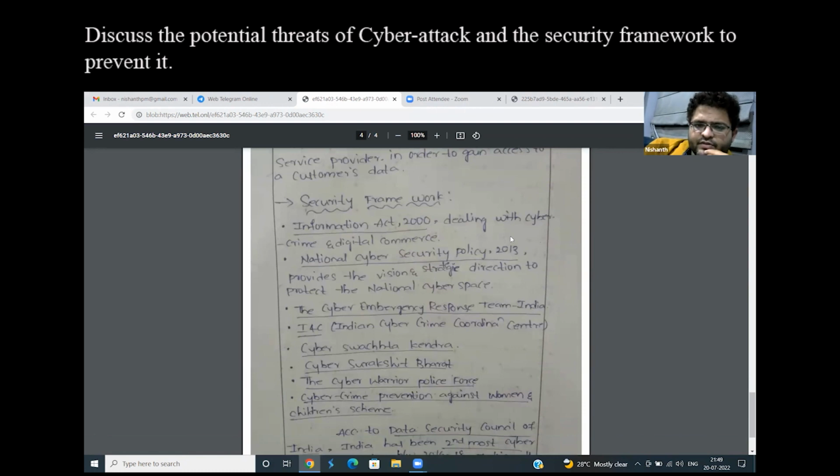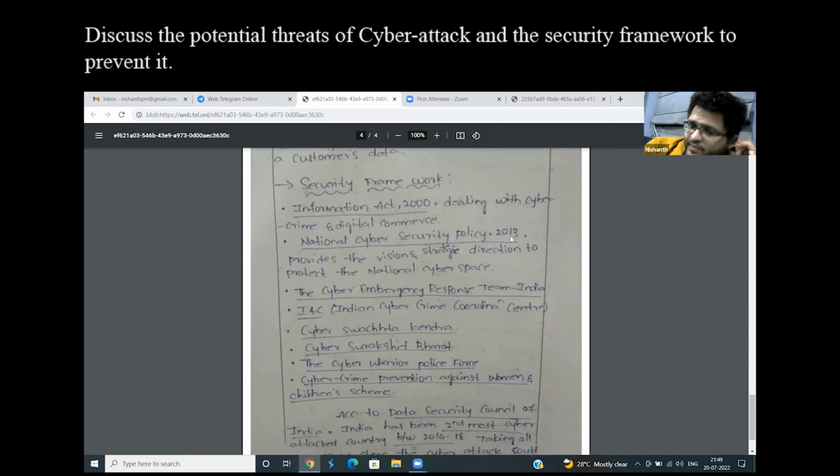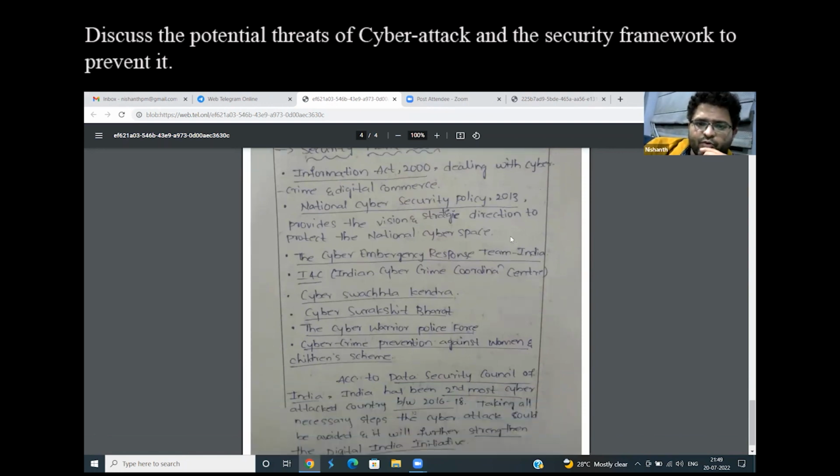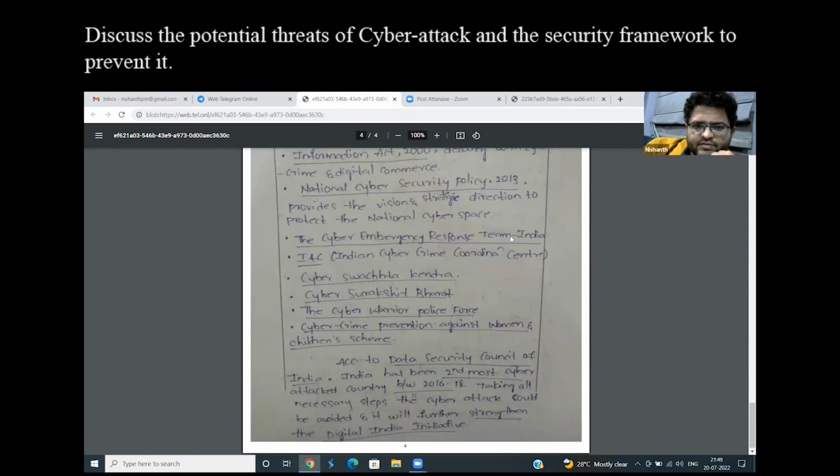IT Act 2000, yes. I missed it. IT Act is a good point. Yes, you can write about the National Cyber Security Coordination. CERT India, yes.